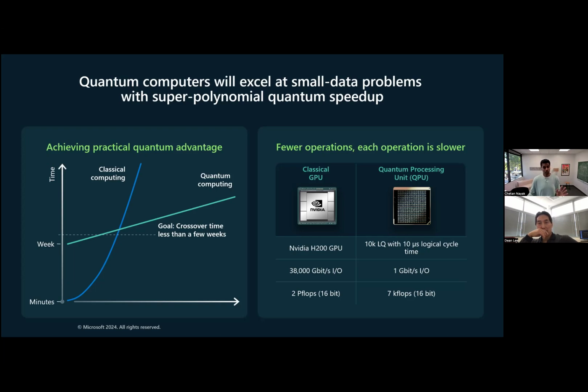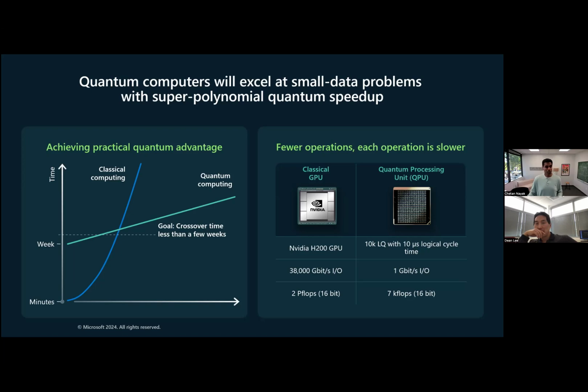So as a result, we have to think a little bit about what those prefactors are. And there's a couple of things working in favor of the classical computer. If we look at, for instance, a classical GPU like the NVIDIA H200 GPU, well, you can get a lot of information in and out. The I/O is 38K gigabits per second. The processing speed, measured in floating point operations per second, is 2 petaflops.